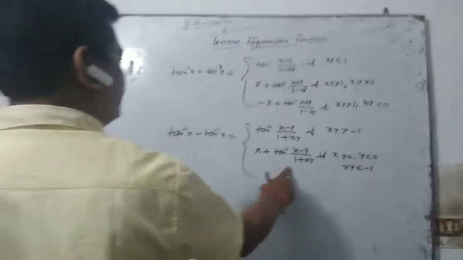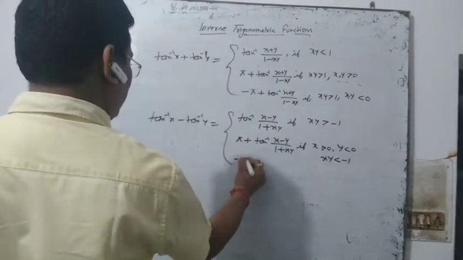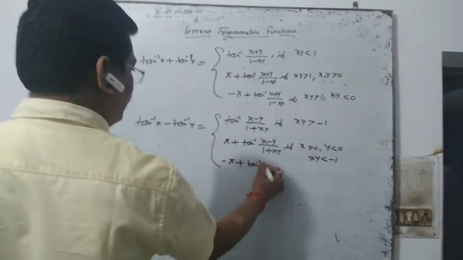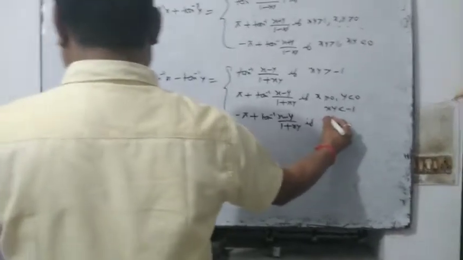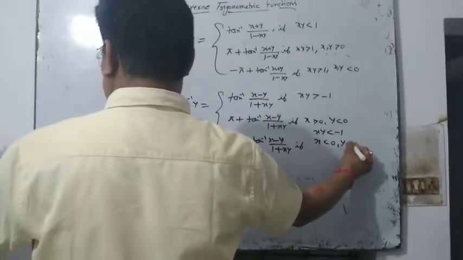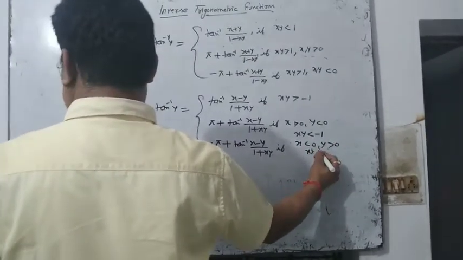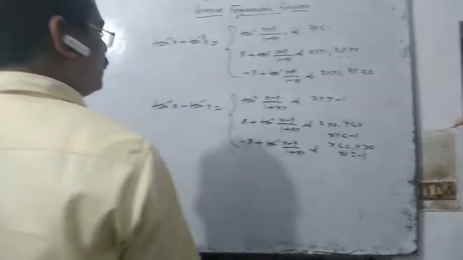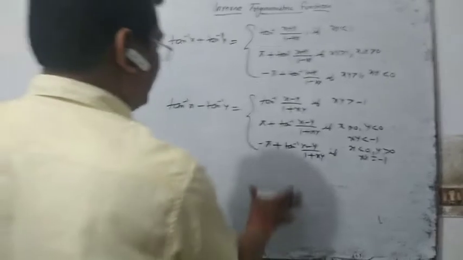Then use pi plus tan inverse of (x minus y) upon (1 plus xy). Third one is minus pi plus tan inverse of (x minus y) upon (1 plus xy) if x is less than 0, y is greater than 0 and xy is less than minus 1. Then use the formula minus pi plus tan inverse of (x minus y) upon (1 plus xy).